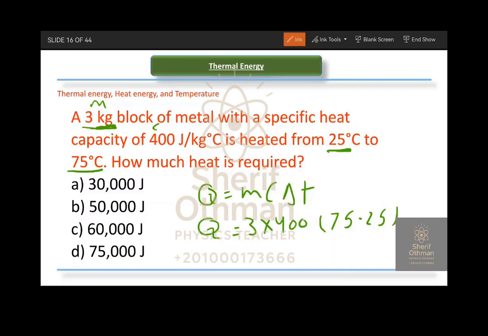Notice that, guys, we have temperature in Celsius, but we said that the temperature must be in, well done, Kelvin. So, do we have to change the temperature to Kelvin? I will give you some advice. Return back to the specific heat unit and find what the temperature unit is.